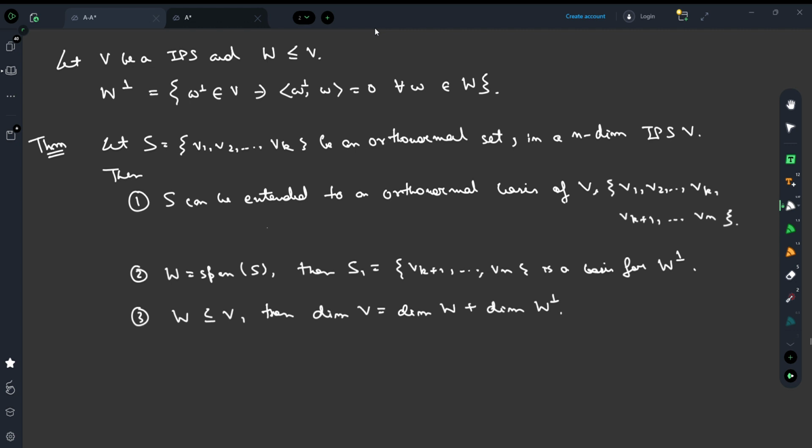Now to prove this, what we exactly need is the standard replacement theorem. If you recall, it was the statement that any linearly independent collection in a finite dimensional vector space can be extended to form a basis if it has fewer elements than V. Actually, the replacement theorem is not exactly what I said; that statement is a corollary of the replacement theorem.